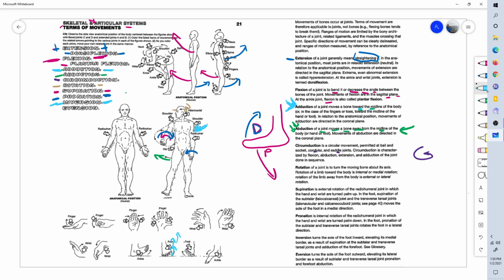If you were to walk the opposite way on the inside of your foot with your knees caved inward and lift your pinky toe off, that would be walking in eversion. So ankle foot inversion and eversion.